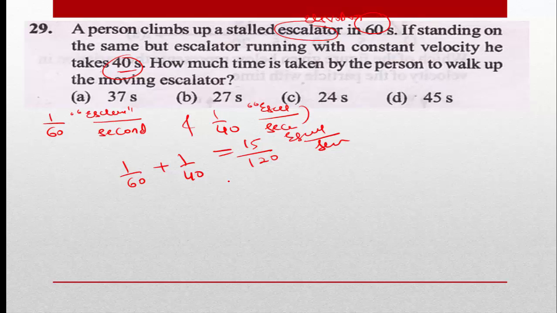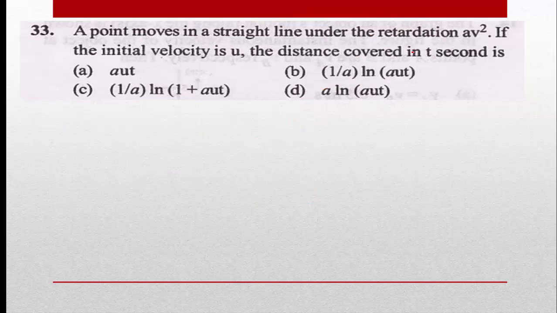The time to go up the escalator, t, is equal to 120 divided by 5, which is 24 seconds. Option C is the right answer for this question.